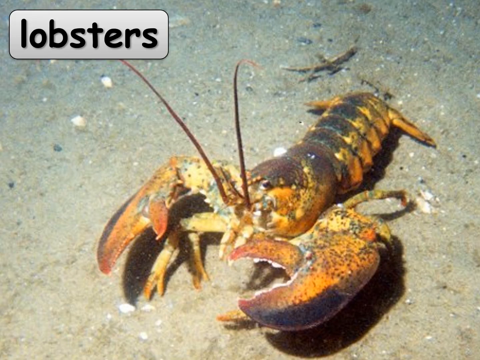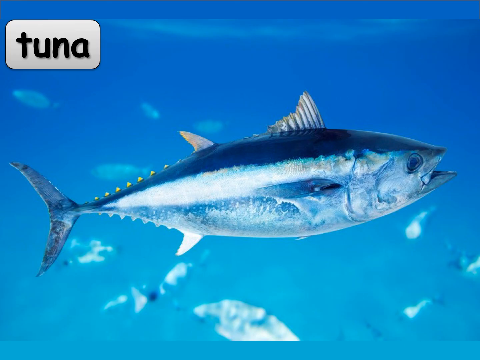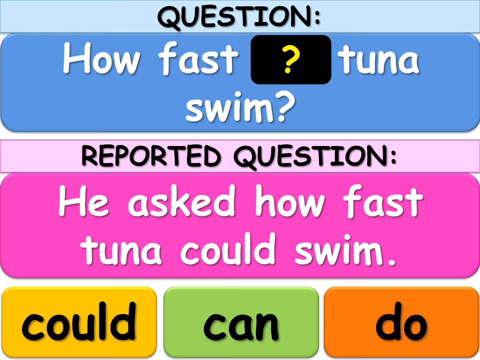Here's one about lobsters. What do lobsters eat? He asked what lobsters eat, ate, or eats. So this is the reported question. The verb has to move back. The answer is ate. He asked what lobsters ate. Here's one about tuna.